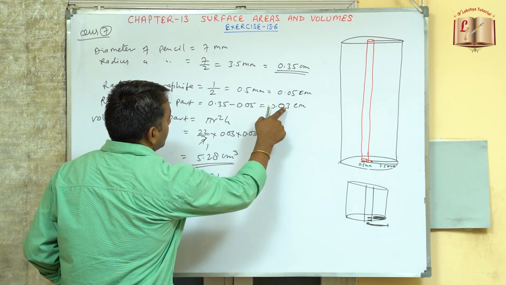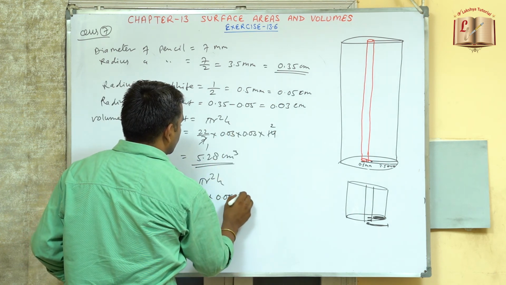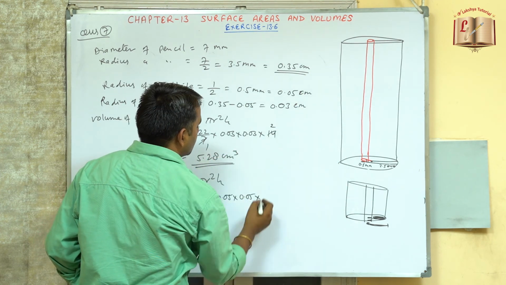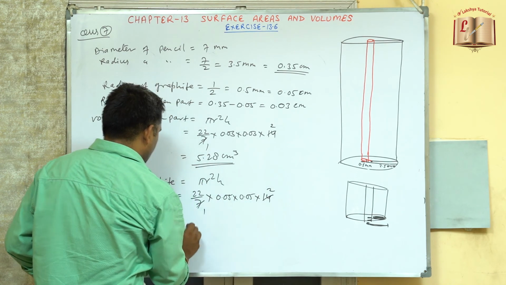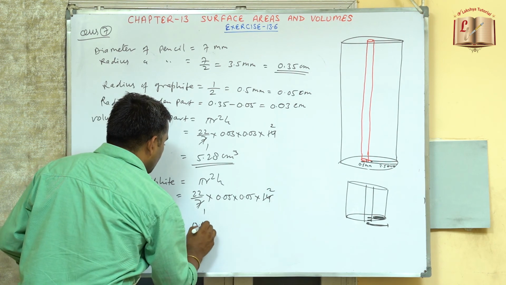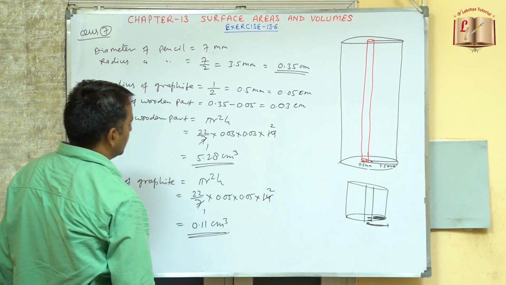R is already given for this graphite: 0.05 into 0.05 into height, which remains the same for both, 14. So the volume of the graphite part will be 0.11 centimeter cube. So these are the volumes.